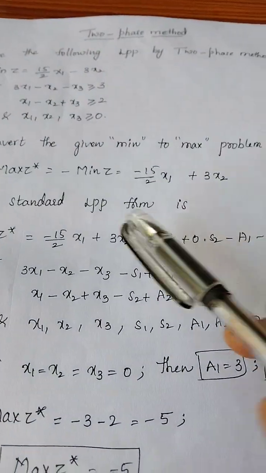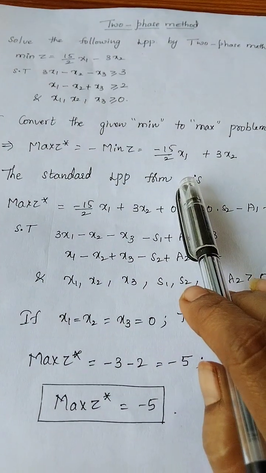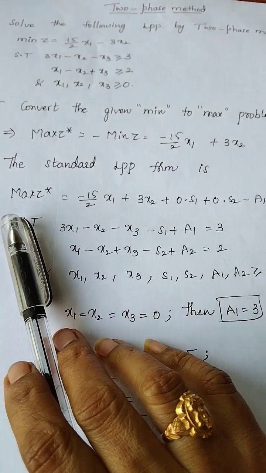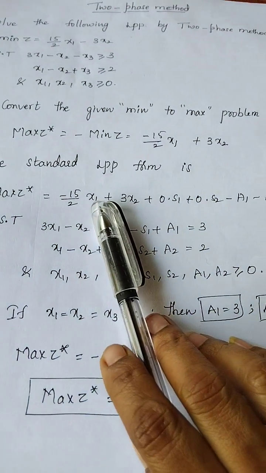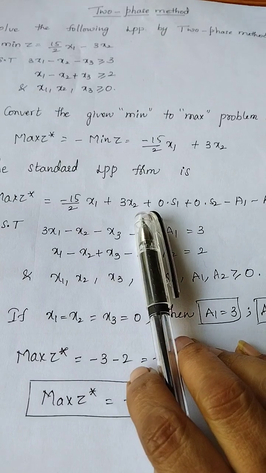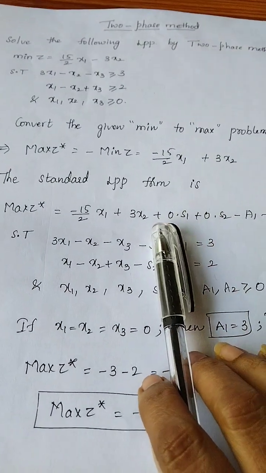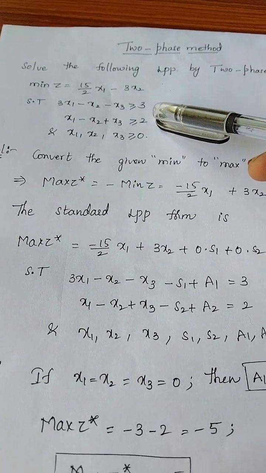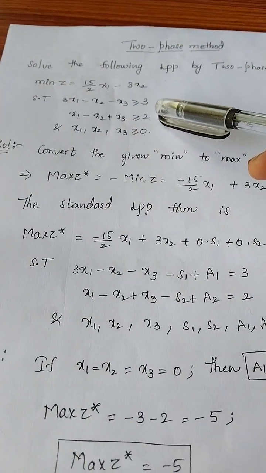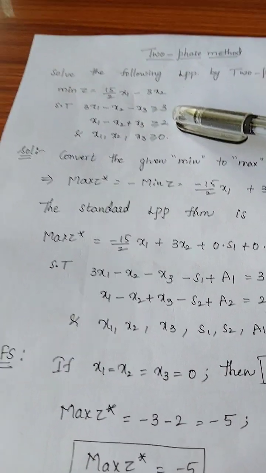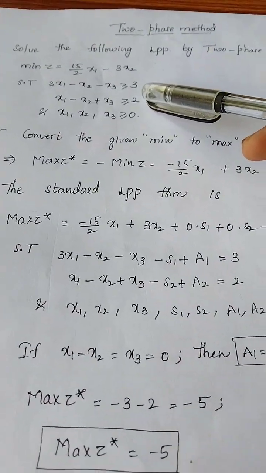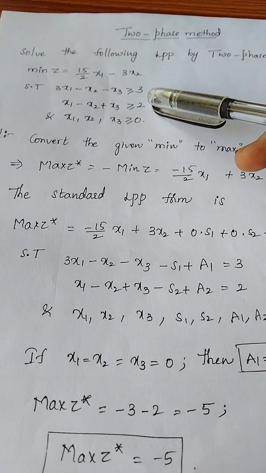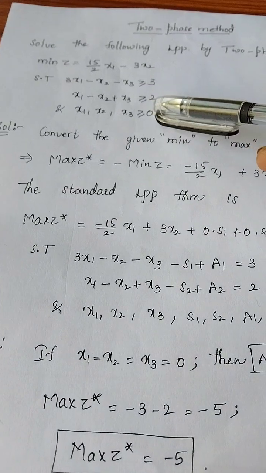Now we are going to write the standard LPP form. Here it is maximum z star equal to minus 15/2 into x1 plus 3x2. And what are the constraints here? They have given two constraints, both of which are greater than or equal to. That means you are going to get one surplus variable, minus s1, plus a1 for the first constraint, and minus s2 plus a2 for the second constraint.